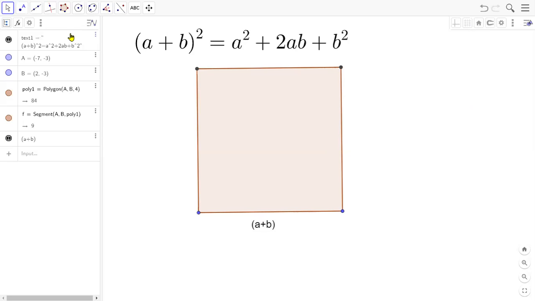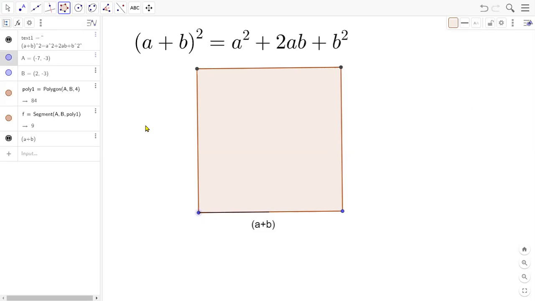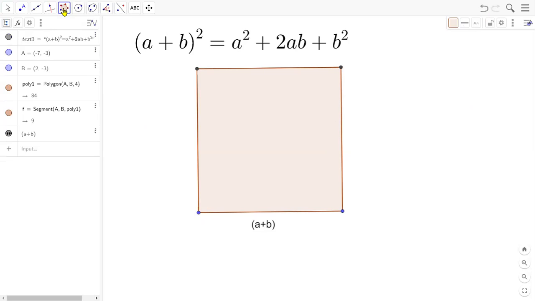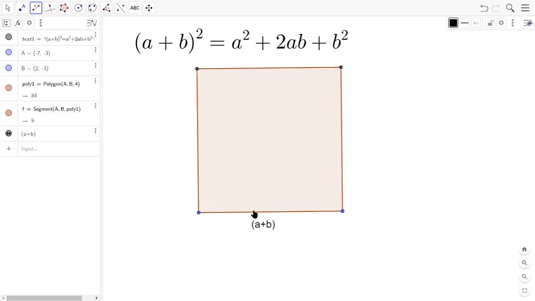Let me take the first part, the side length a. From this point, let me just take the a unit.